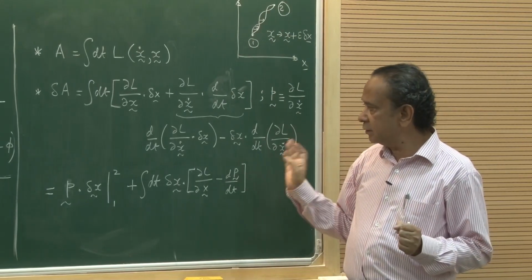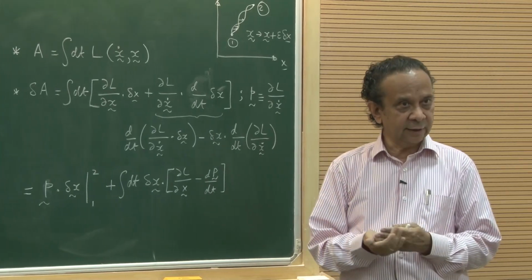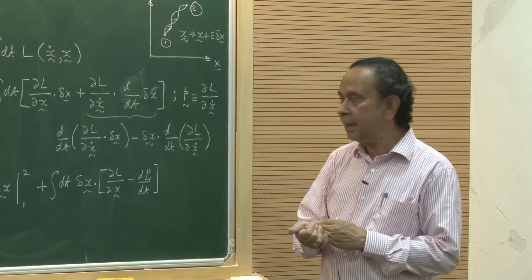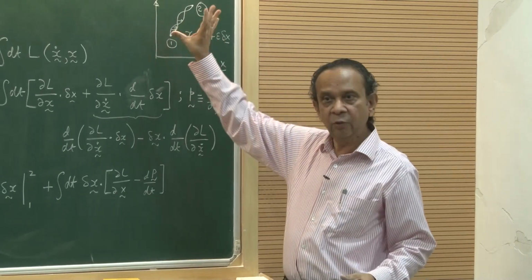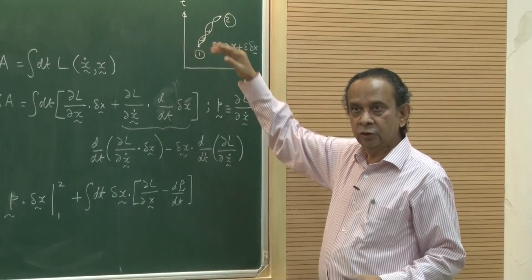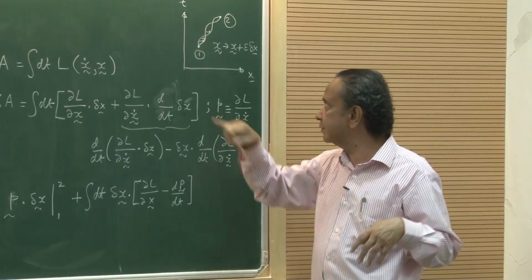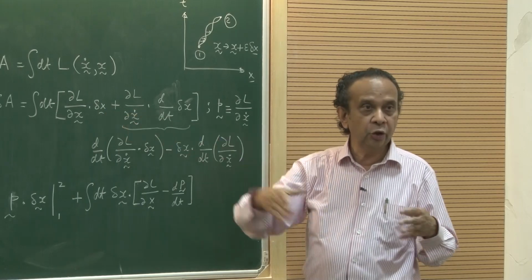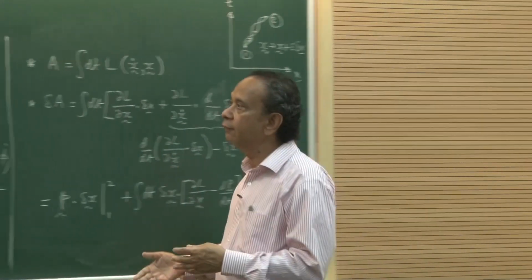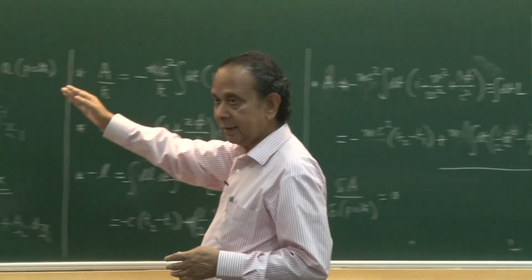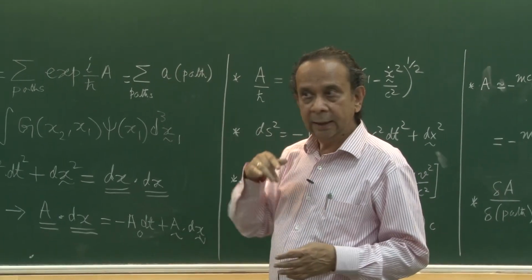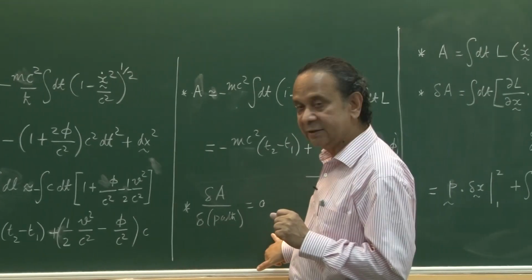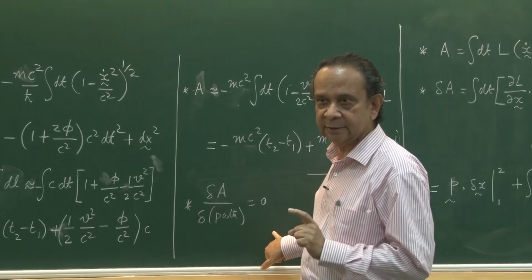Now, there are two kinds of variations which one would like to study for this, because both of them are going to be useful for us. The first variation is what is shown in the picture here. I am going to assume the endpoints are fixed. So, I am just going to think of all the paths which connect these two, which is what we did when we calculated the propagator. So, you have all the paths and we wrote down a form like this. Then we said that when you are varying the path, what is going to contribute and stick out is the path which satisfies this, but with the endpoints fixed.